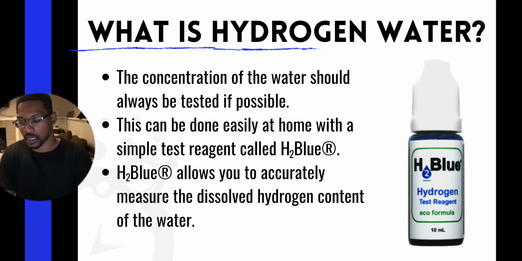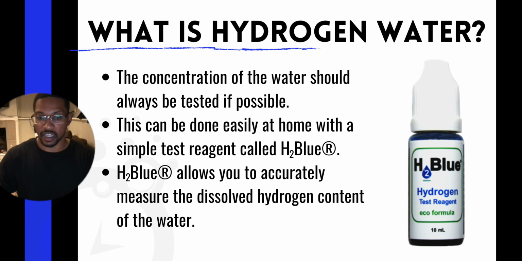All right, so testing the concentration of hydrogen-rich water: you definitely need to always confirm the concentration of your hydrogen water if possible. As I said earlier, you do not know how much hydrogen gas is in your water unless you test it, or unless you use a valid source like us, or like H2 Analytics, or somebody else to verify that.